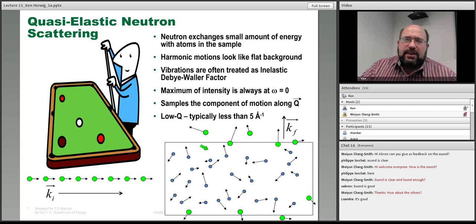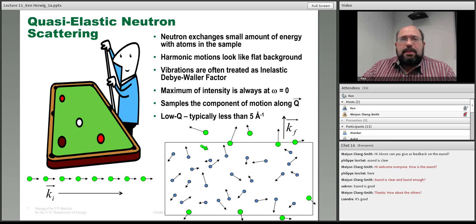So in a quasi-elastic neutron scattering experiment, the neutron exchanges relatively small amounts of energy with the atoms in the sample. Harmonic motions in this approximation look like a flat background, okay? They simply take intensity away from the elastic peak and distribute it equally across the energy transfer. Vibrations are often treated as an inelastic Debye-Waller factor for just that reason.